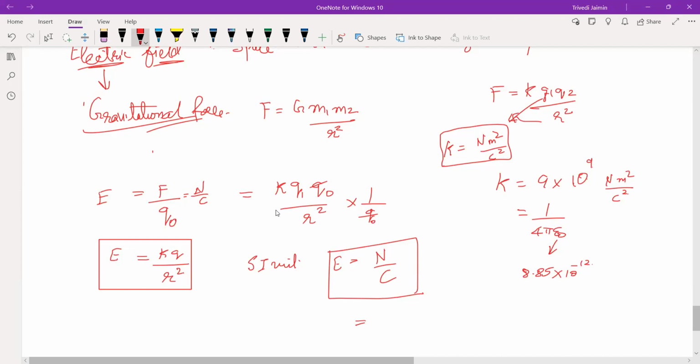MLT minus 2. Dimension of Coulomb, I mean charge. AT. Very good. So AT and MLT minus 2. Combine this and tell me what will be the dimension of electric field? MLT minus 3, A minus 1. Very good.